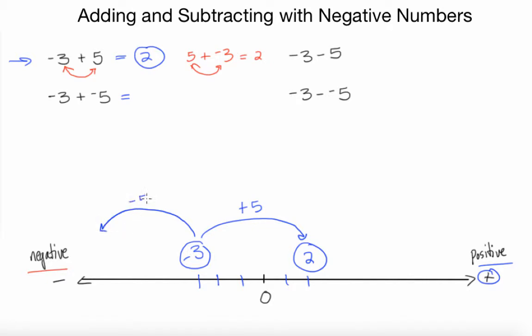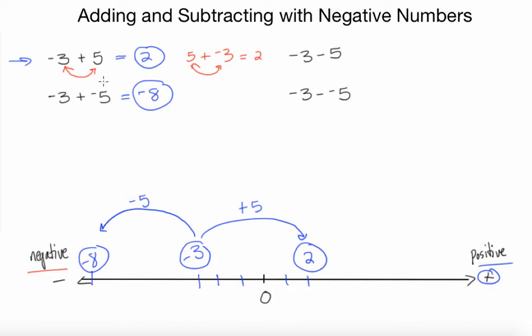Think about it as I have a negative 3 and I'm adding to that an even more negative number, so the net effect is I'm really negative. I'm compounding my negativity. If I owe somebody $3 and then I do something dumb and I owe them $5 more, altogether I owe them $8. That's a way to think about this type of problem.